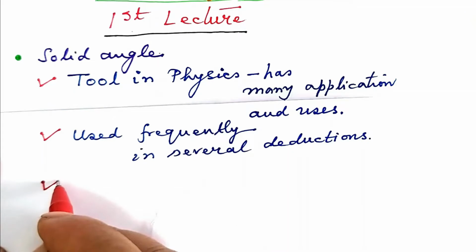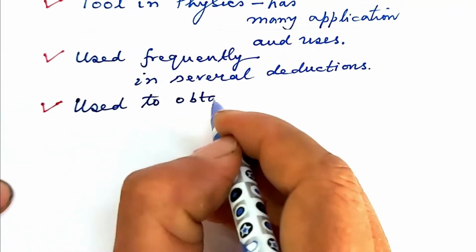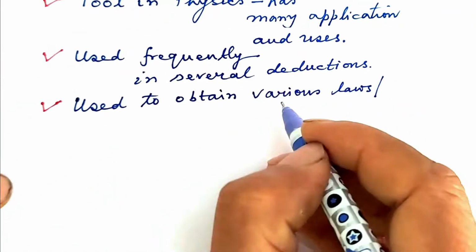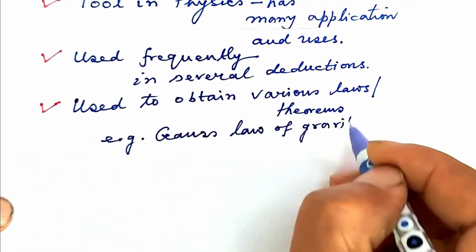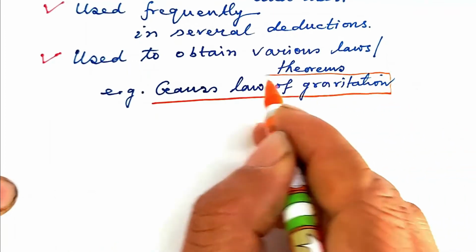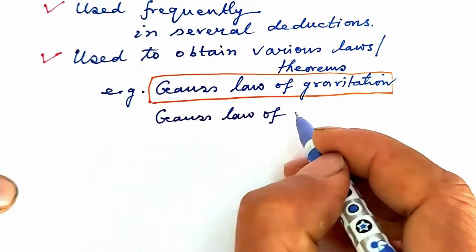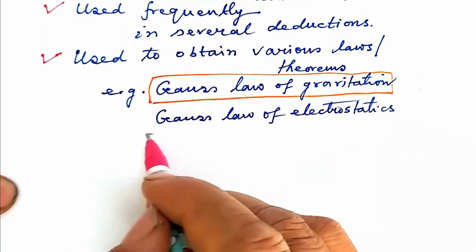The concept of solid angle is used to obtain various laws, various theorems, as for example the Gauss law of gravitation, Gauss law of electrostatics.